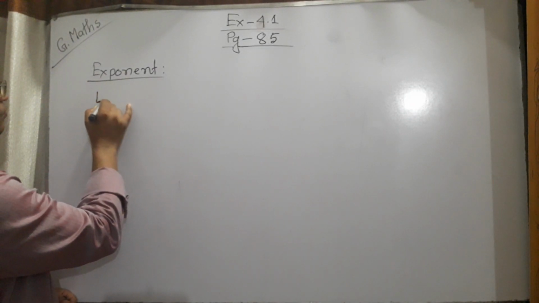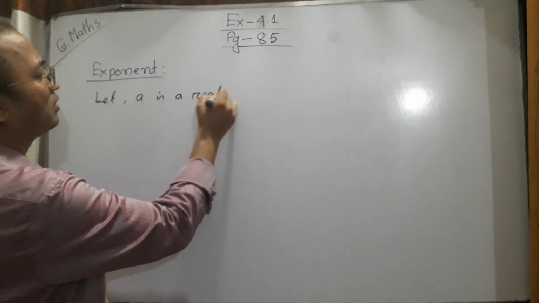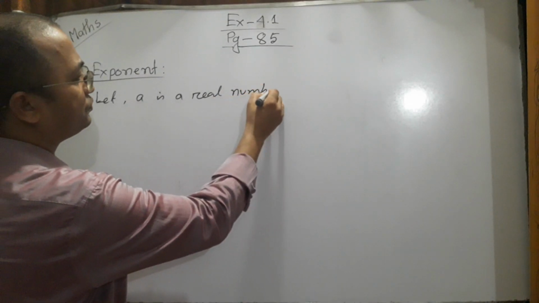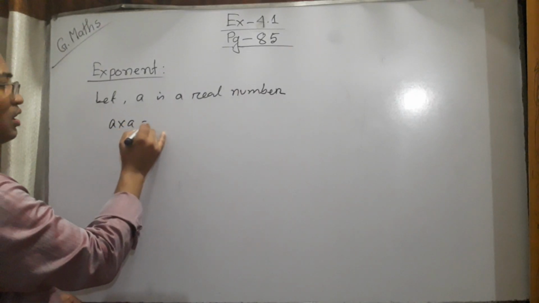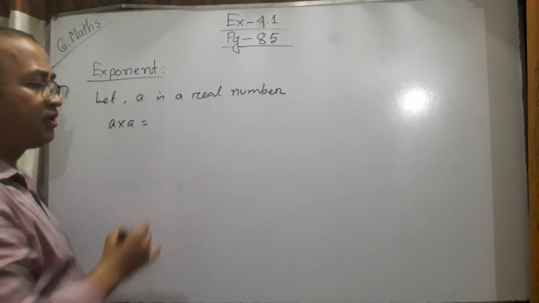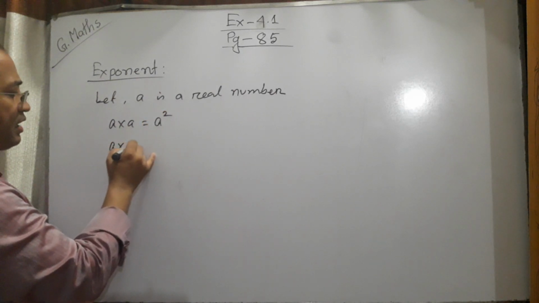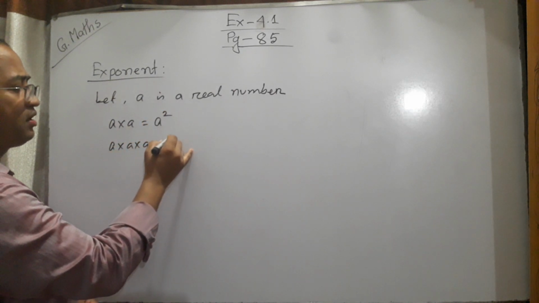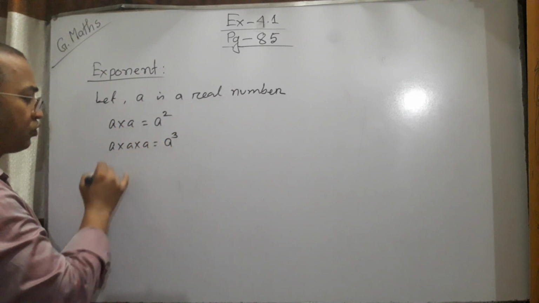Let A be a real number. Now, if I multiply A into A, what will it be? A square. If I multiply A thrice, it will be A power 3, meaning A cube.